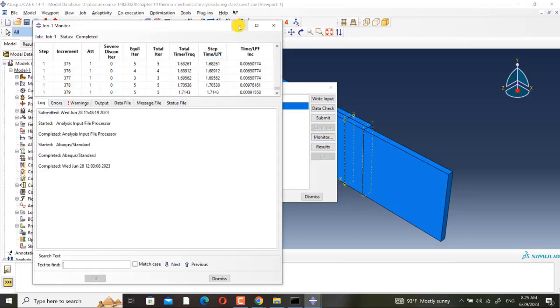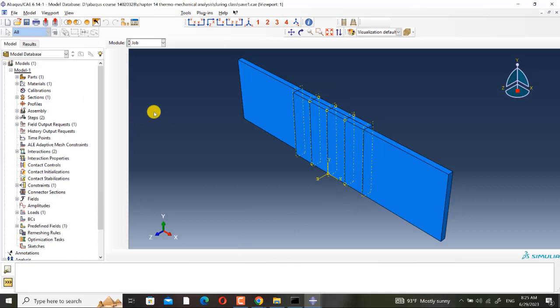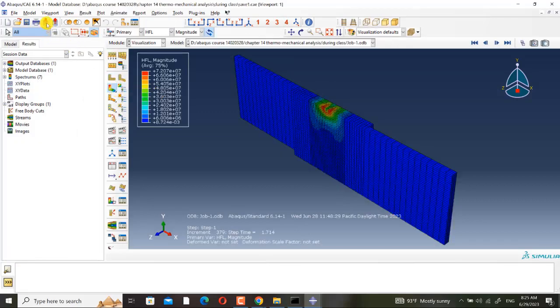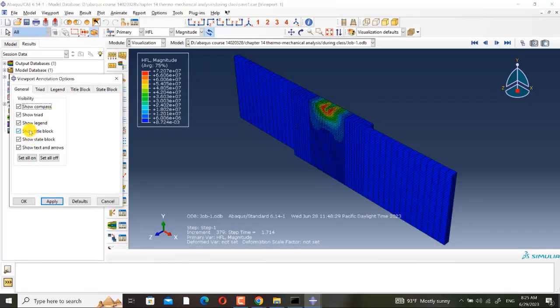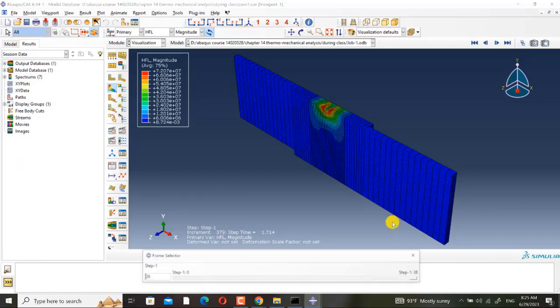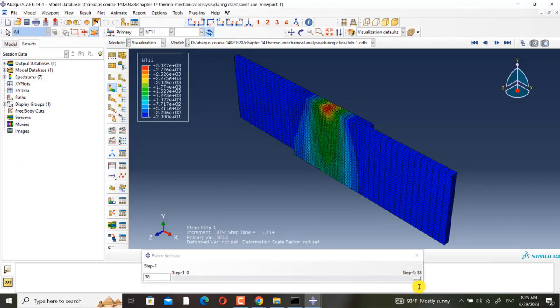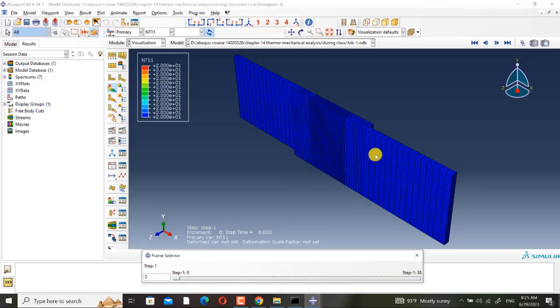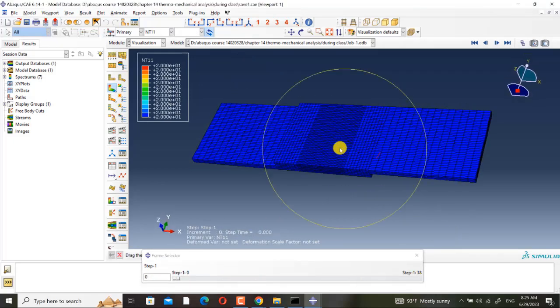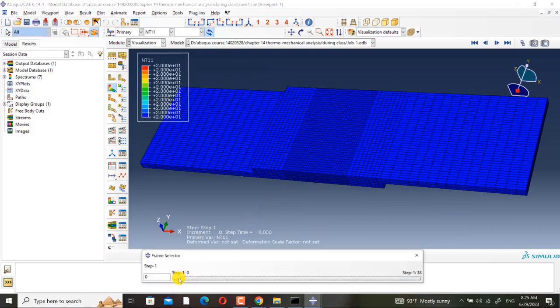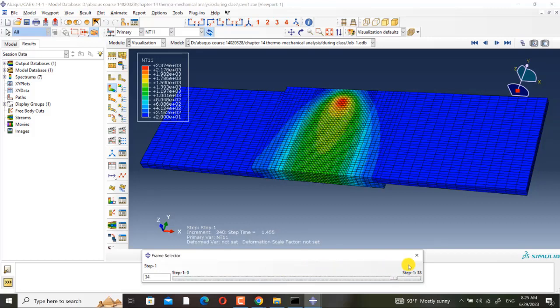This simulation is completed, the thermal analysis. If you see the moving heat flux or moving heat source, it starts from one side and then it goes to the other side.